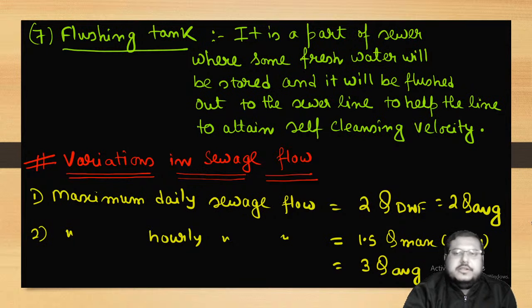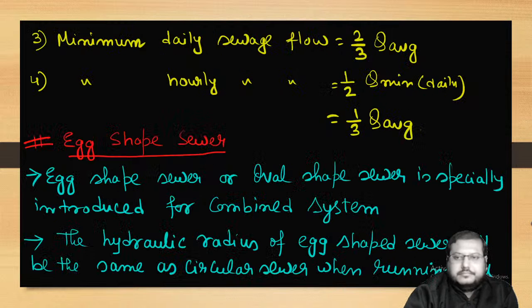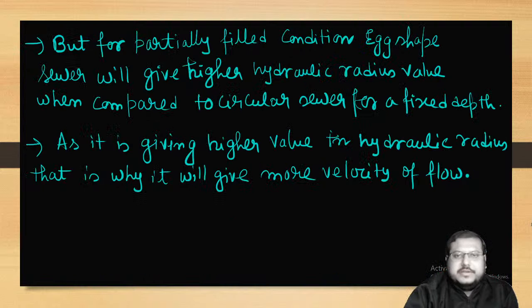And this is the variation of sewage flow that we have already discussed. The maximum daily sewage flow is 2 into QDWF. Maximum hourly sewage flow is 1.5 into Q max daily. Minimum daily sewage flow is 2 by 3 into Q average. And minimum hourly sewage flow is 1 by 2 into Q min daily. Another special case, the egg-shaped sewer, is also discussed here.